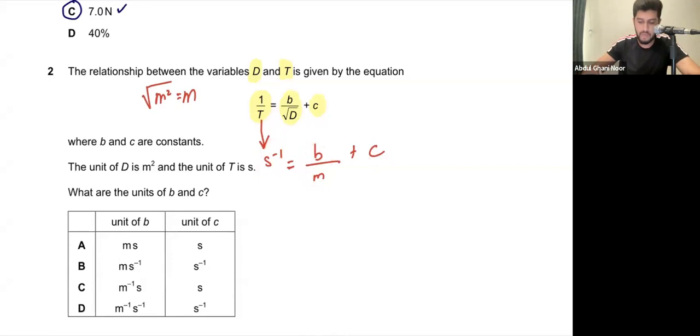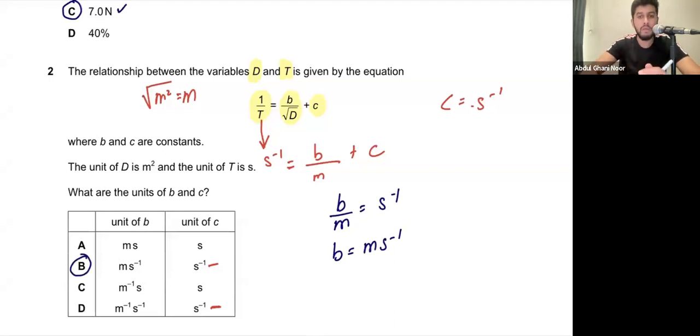So I can easily say C is equal to per second. So the answer should be B or D. As far as B is concerned, B upon M should also be equal to per second. B is equal to meters per second. So the answer is B.